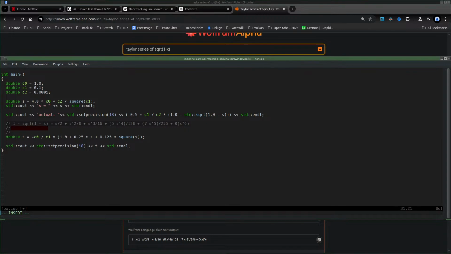This equals s divided by 2 times 1 plus s divided by 4 plus s squared divided by 8 plus 5 times s to the power 3 divided by 64.